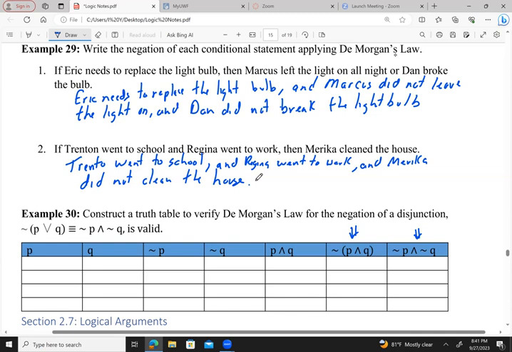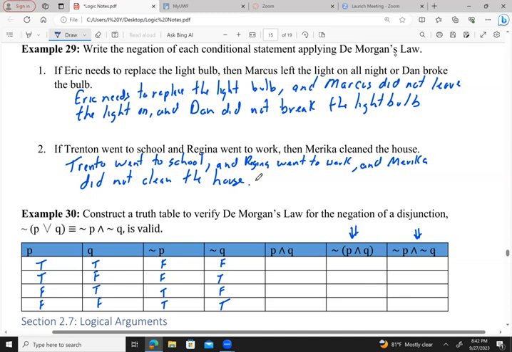So we'll do this the same as any truth table. Start out with our P's, true, false, true, false. We're going to need the negation of P, so false, false, true, true, and the negation of Q, false, true, false, true.